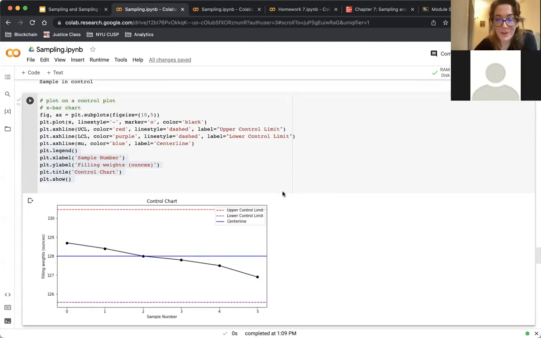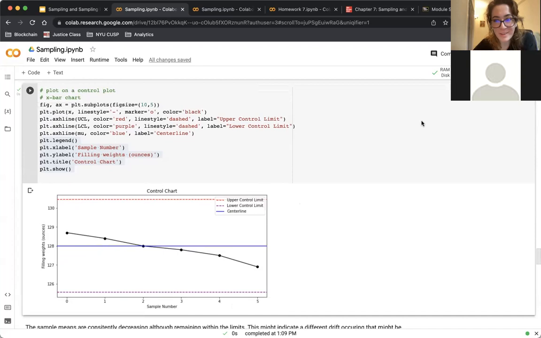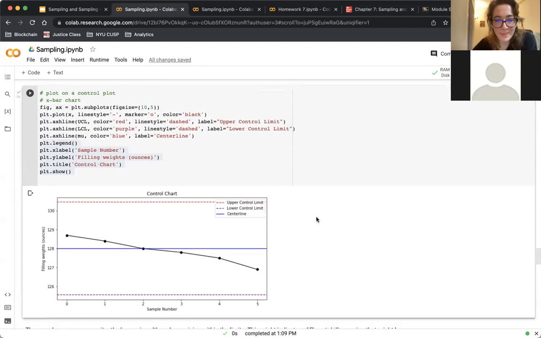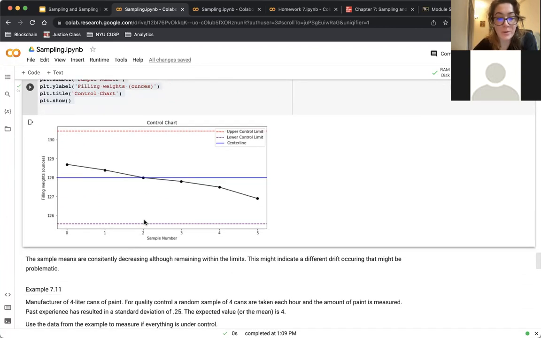Any thoughts regarding the pattern that you might see, though? Because to me, I see this consistent decrease over time. Although it's within the limits, it seems to be consistently decreasing, which might lead to some other pattern that's going on, so we should perhaps continue to monitor this.